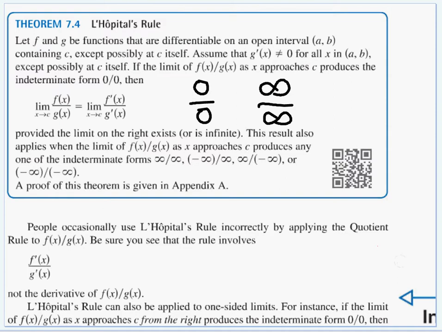I could have a negative infinity in the numerator, or the negative infinity could be in the denominator. They could both be negative infinities. It doesn't matter. Here's infinity over infinity, negative on top, negative on bottom, or both negative. 0 over 0 and infinity over infinity is what we're looking for that we might apply L'Hopital's Rule.